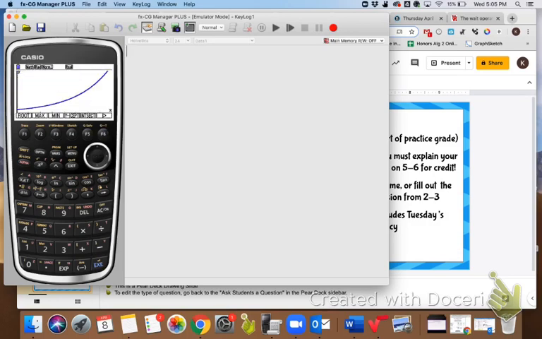I can do gsolve. And since we want to know the 15th year, 15 is an x, so I'm going to do a ycal and 15. And I'm going to make my window bigger so I can make sure I actually see it. If you get that out of domain error, go to your window, so Shift F3. I need to make sure my x's are at least as large as that value I'm typing in.